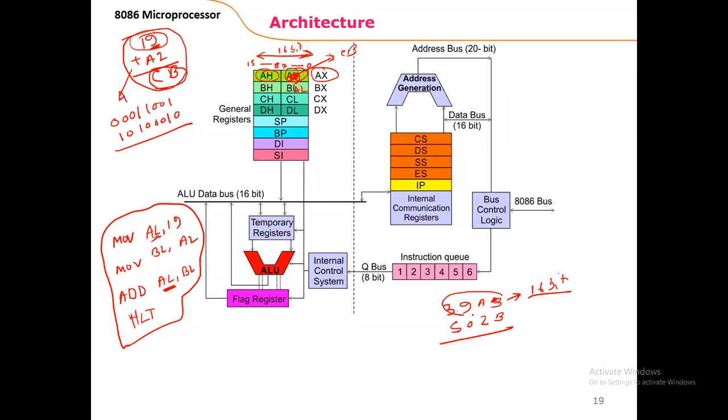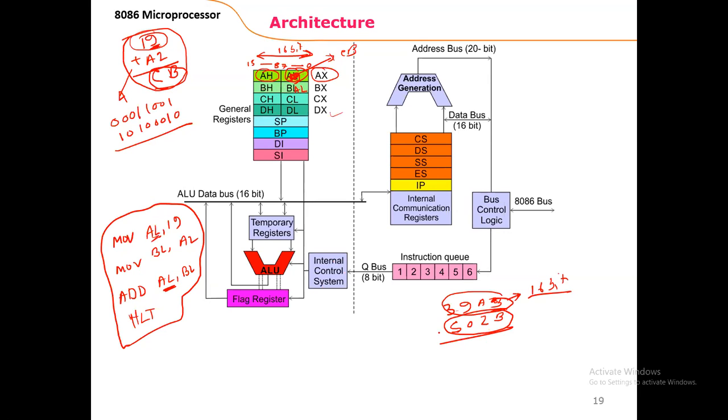If you use 16-bit data, we do not use AL, AH, BL, BH, CL, CH, DL, DH. We must use AX, BX, CX and DX, because this is 16-bit. If 16-bit, then the names are AX, BX, CX, DX. If 8-bit, then AL or AH, BL or BH, CL or CH, DL or DH.